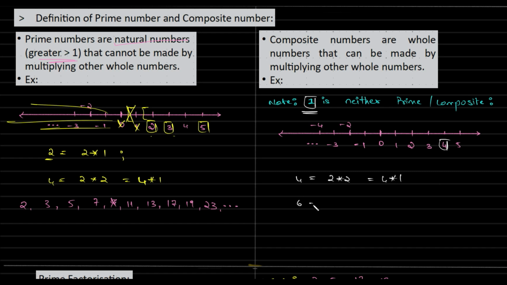Next is 6: 2 into 3, and 6 into 1. So in that way, 4 and 6 are your composite numbers. Make sense? So composite numbers include numbers which are not prime or 1.